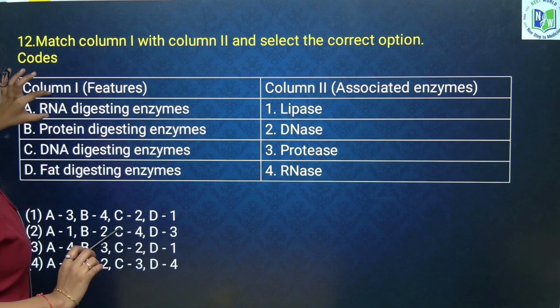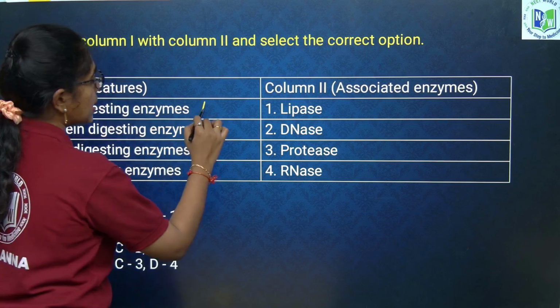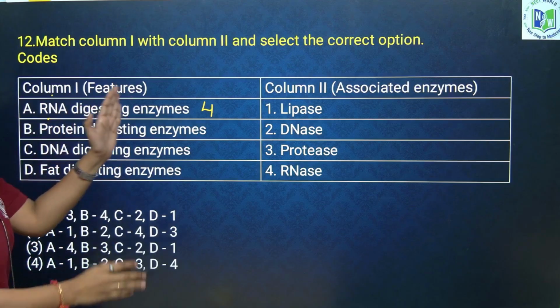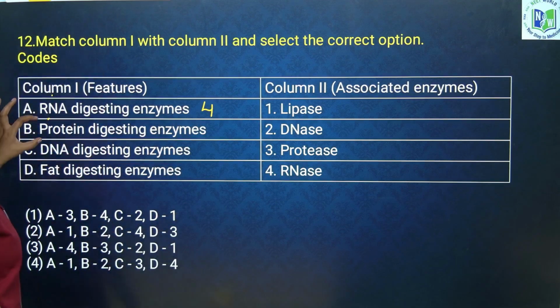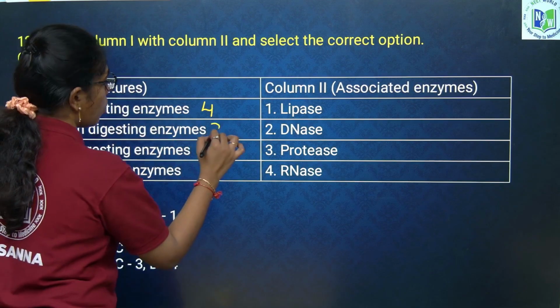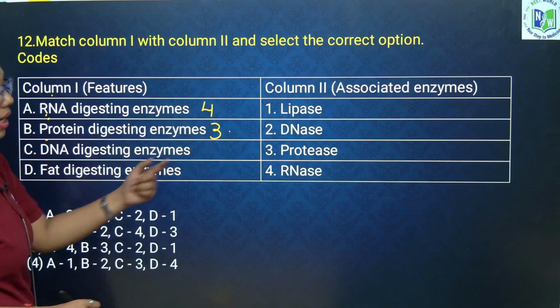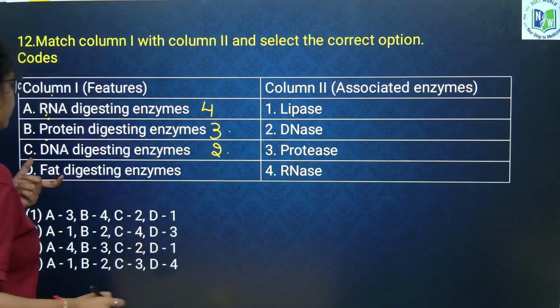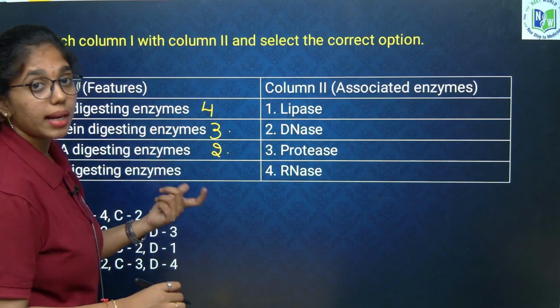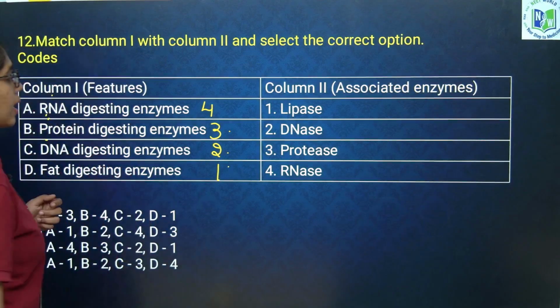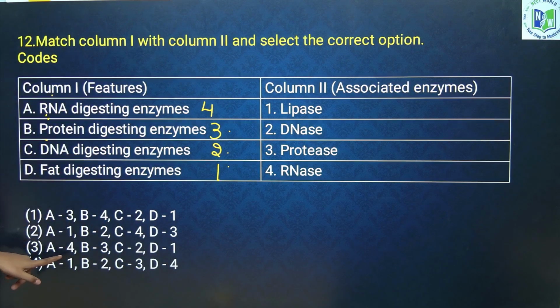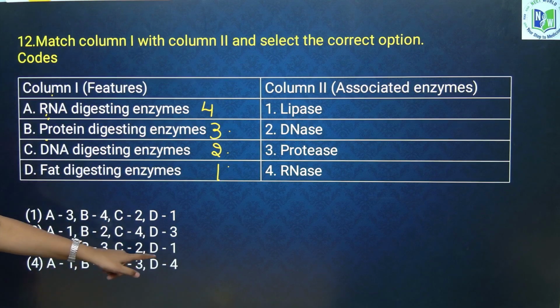Remember properly, DNA digesting enzymes are called DNases, RNA digesting enzymes called RNases, protein digesting enzymes protease, fat digesting enzymes or lipid digesting enzymes is lipase. So A is 4, B 3, C 2 and D 1. Option 3 is the correct answer.